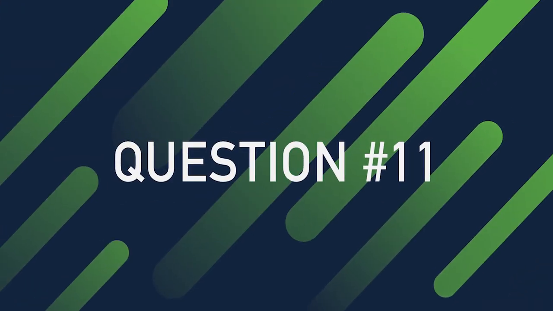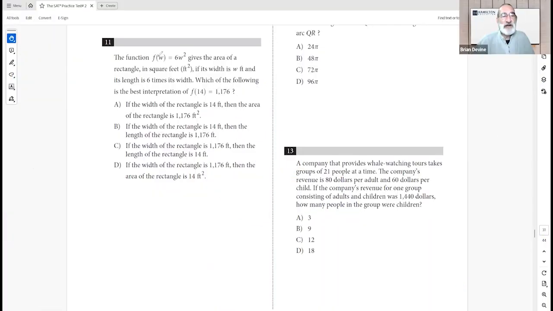Question 11. We're told the function f of w equals 6w squared, and this gives the area of a rectangle. So if I draw a rectangle, I know that if I have w as the width, and the length then is 6 times the width, the area will be 6w squared, length times width.